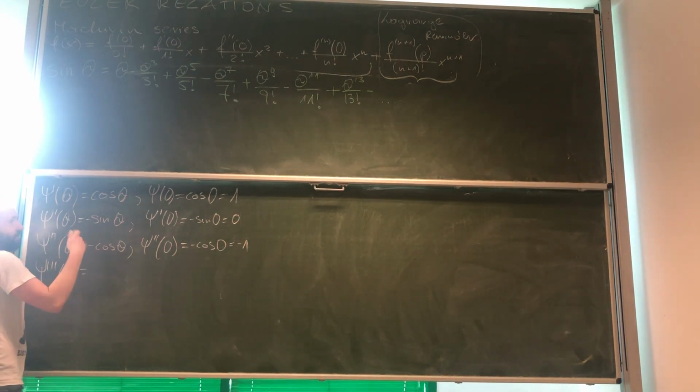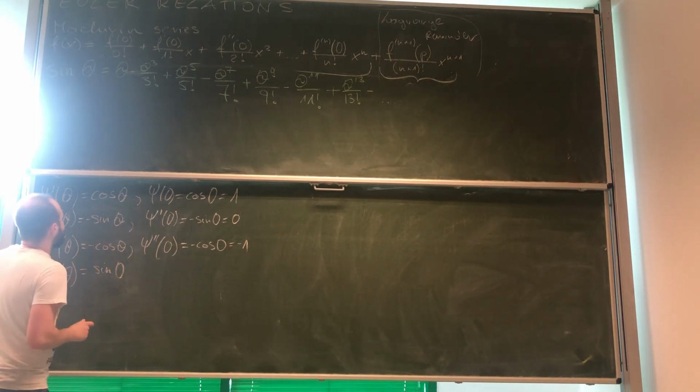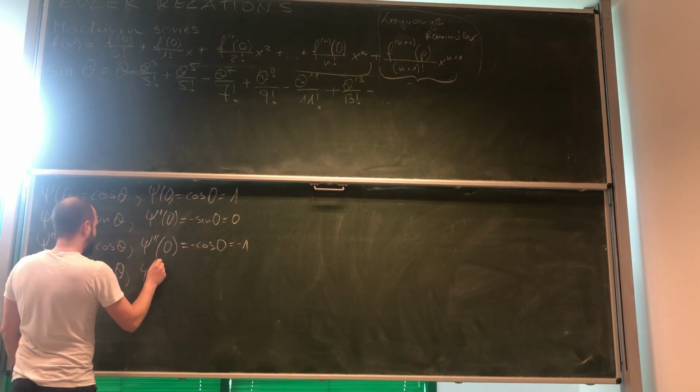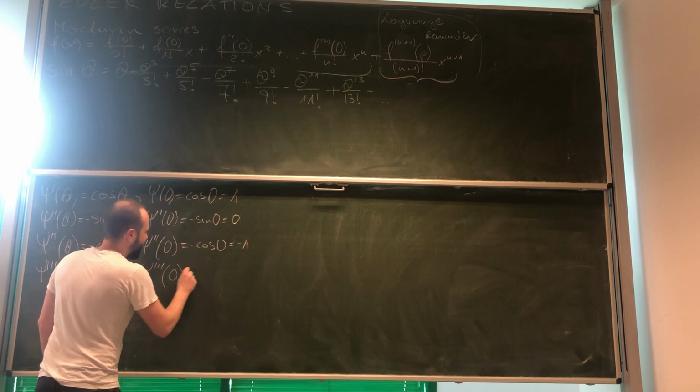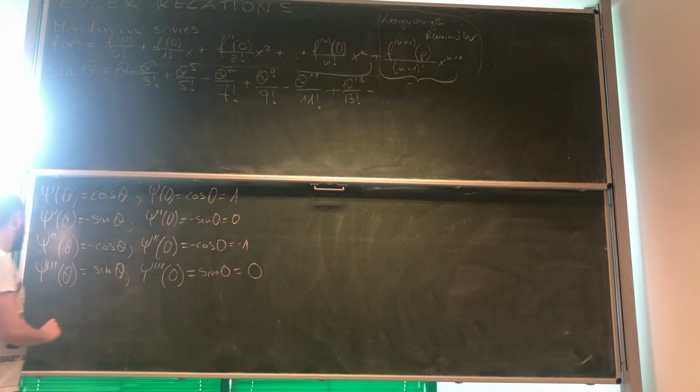Because the derivative of cosine is negative sine, and minus gives sine. And this means that the third derivative evaluated at 0 is equal to sine 0, which is 0.